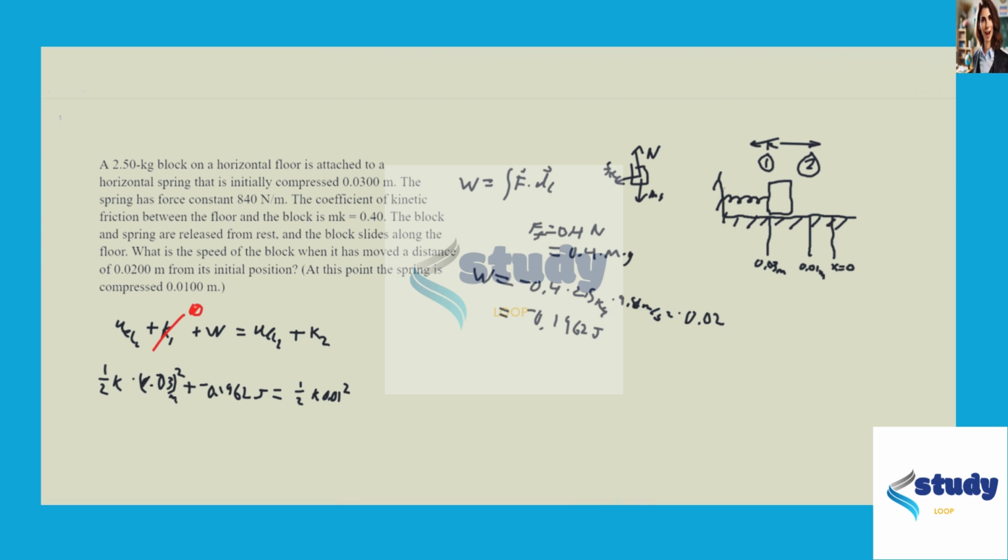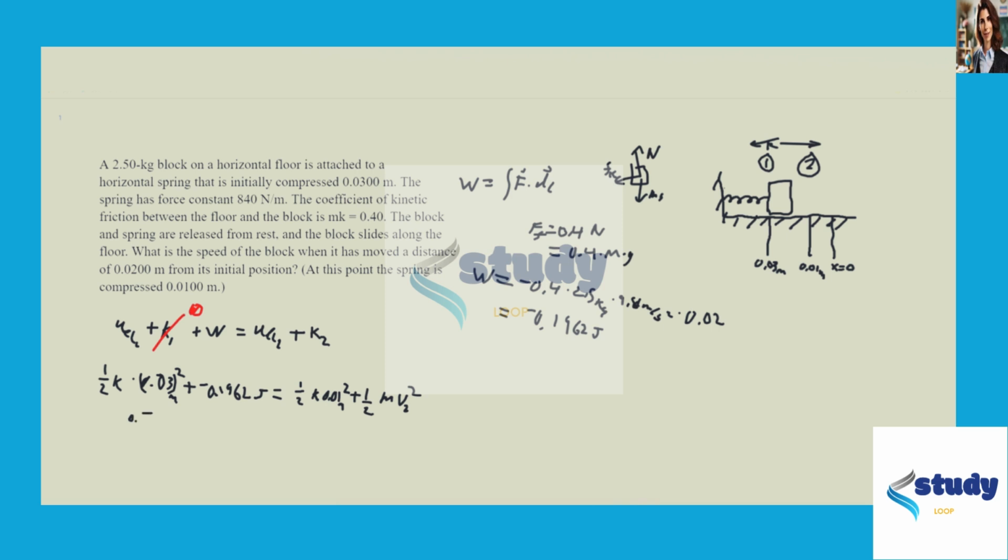Then that's plus 1/2 m v2 squared. We know the mass and we know K; what we're solving for is V2. I'll write down the intermediate values and leave most of the math for you.